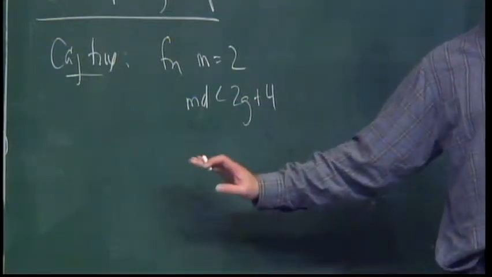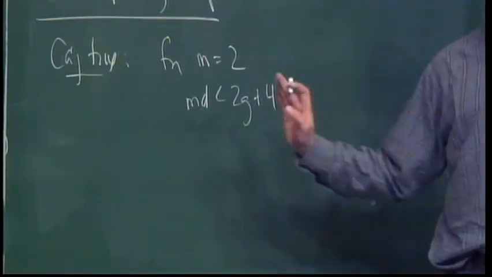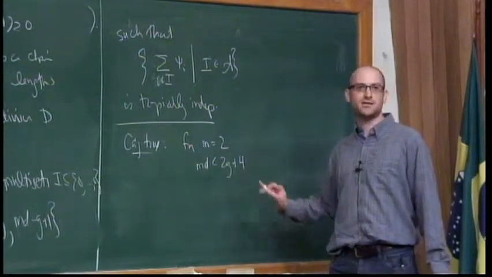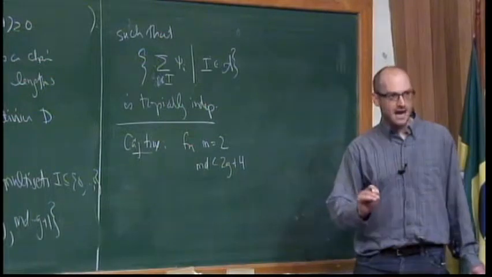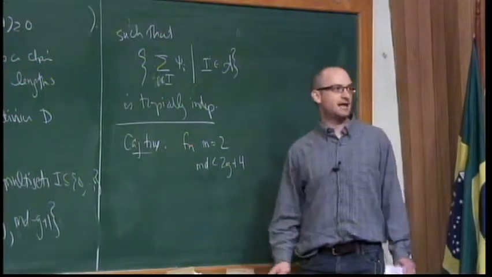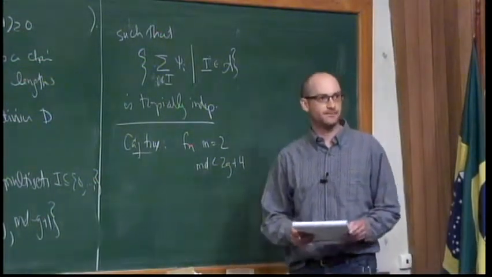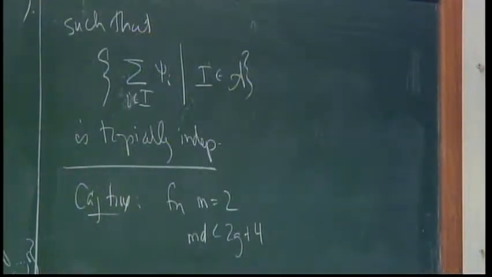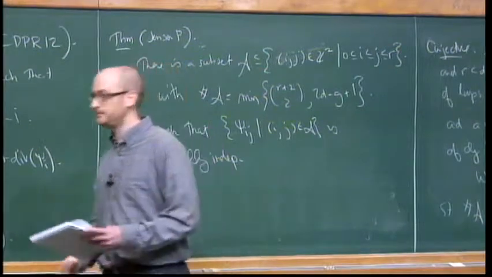It's only a partial generalization because our result is weaker. We're only giving the existence of a divisor, whereas when d is less than g plus 2, Teixidor proves that every linear series satisfies the maximal rank condition. Okay, so now I should start explaining how one goes about proving this sort of tropical independence statement.